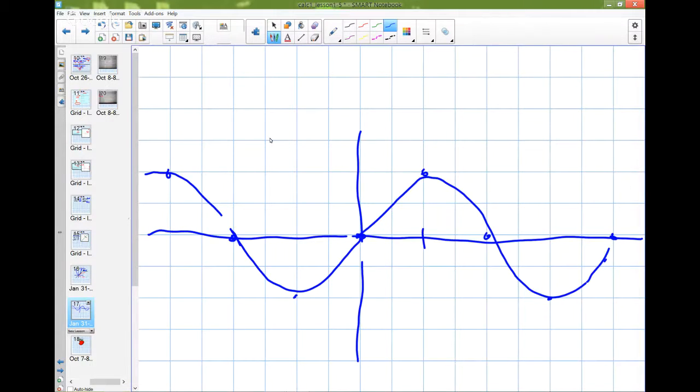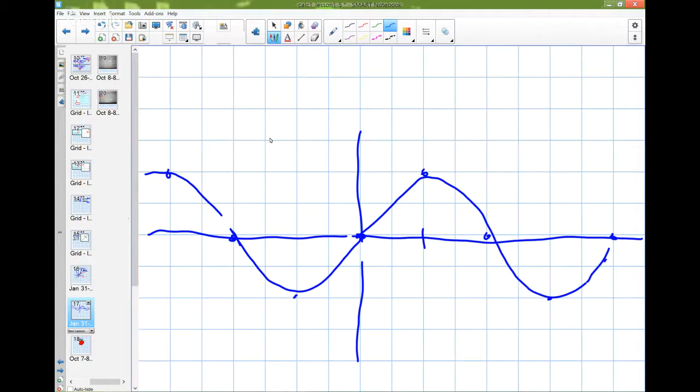So, is that a function? Sure. What would happen if we tipped it 90 degrees to the right? Can you see that it's going to fail the vertical line test? In other words, does the sine curve pass the horizontal line test?